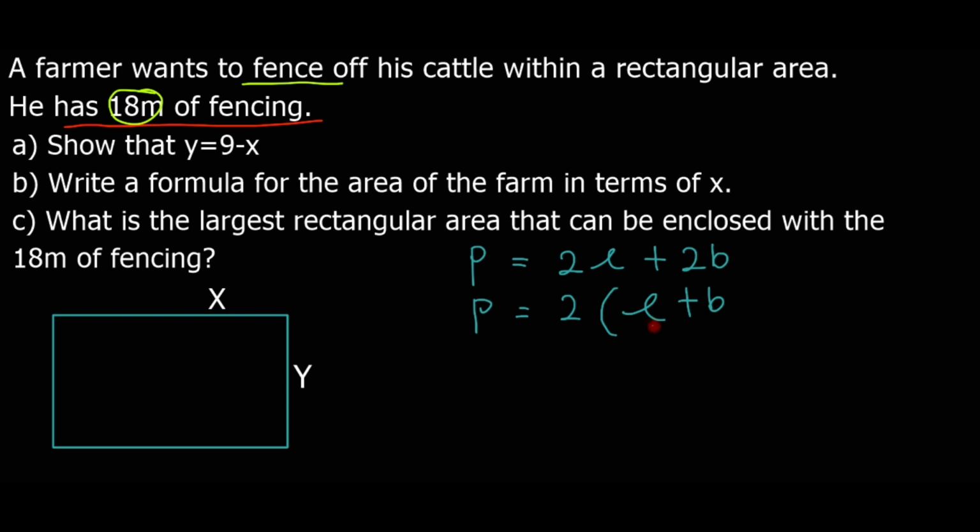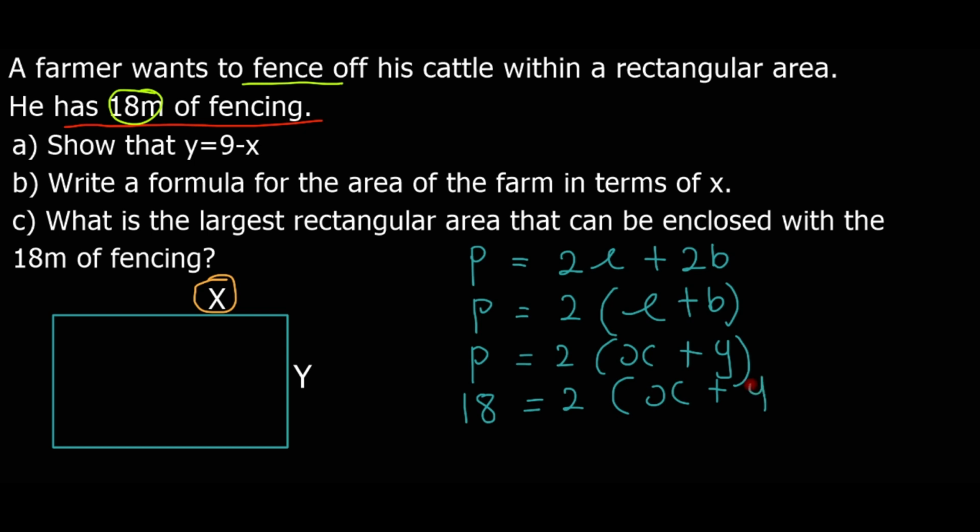Instead of saying L we write x, and instead of saying B we write y. So we have P equals 2 times x plus y. And the perimeter is 18, so we have 18 equals 2 times x plus y.